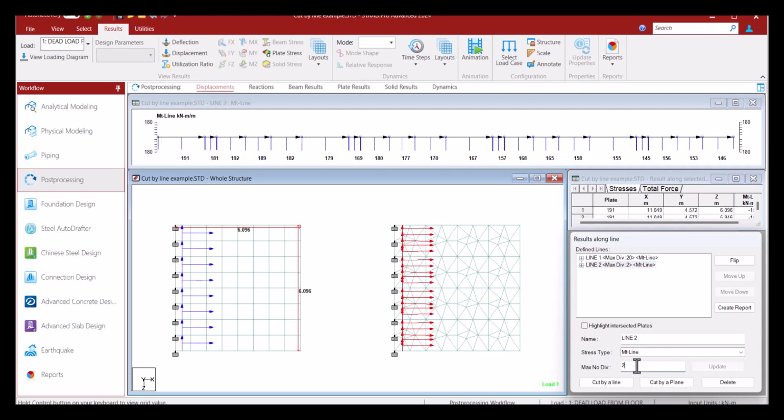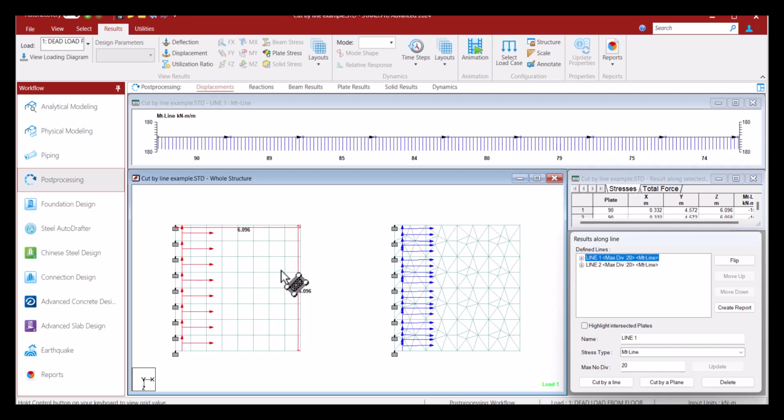Now let's go here and see how we can see these values. Let me make it more accurate by using a higher number of calculation points. I'm updating it from 2 to 20. The one that I am selecting here is turning red, which means the cut along line that I clicked on is being selected.